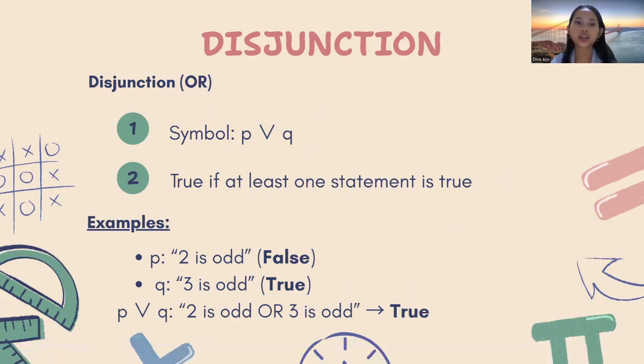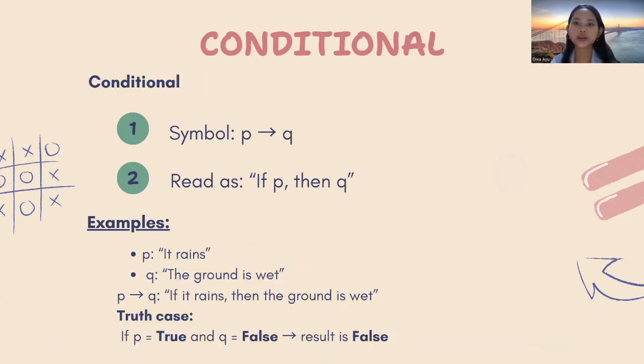Okay, next we do conditional. This is the symbol of conditional. A conditional or implication is a conditional statement. It is read as if P then Q. It describes a relation where one statement leads to another.